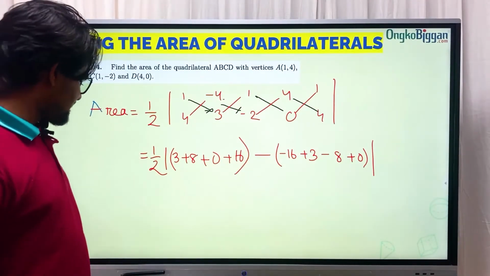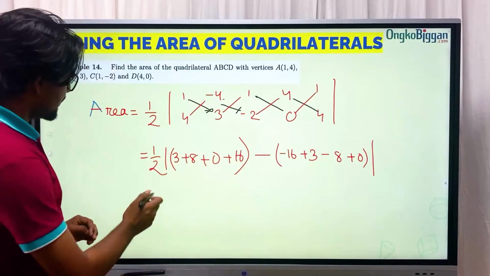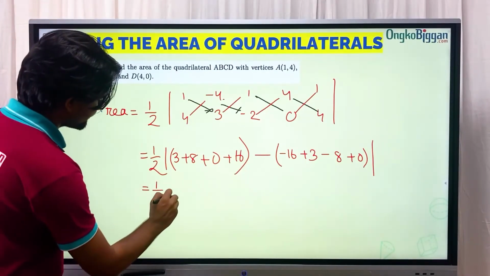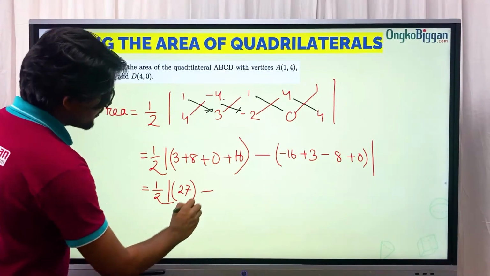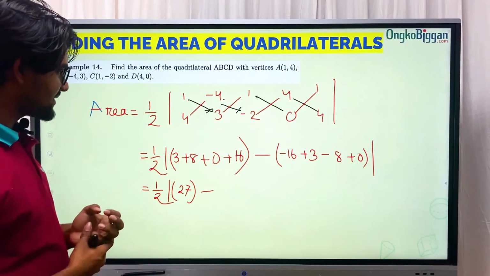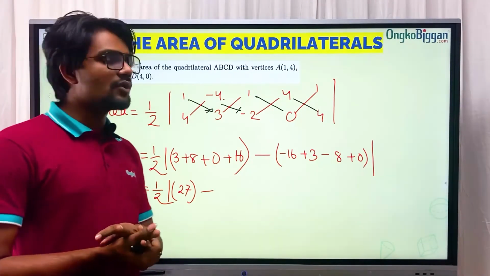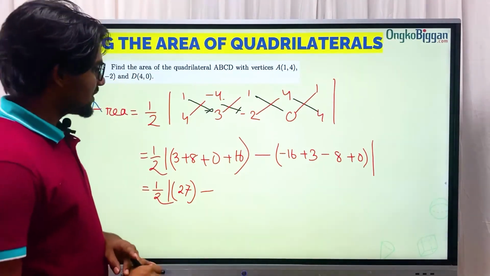So 3 plus 8 plus 16: 3 plus 8 is 11, 11 plus 16 is 27. So we got half into 27 minus 16 plus 3 minus 8. So -16 and -8 combine to form -24, plus 3 is -21.